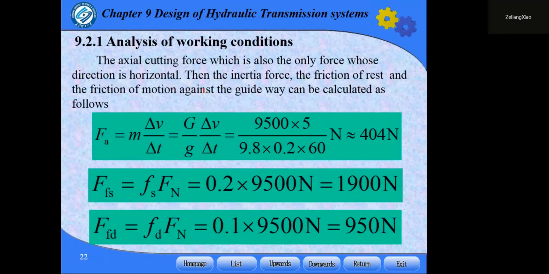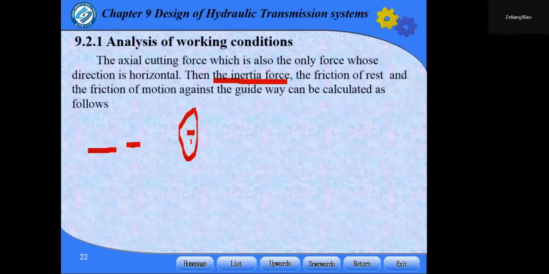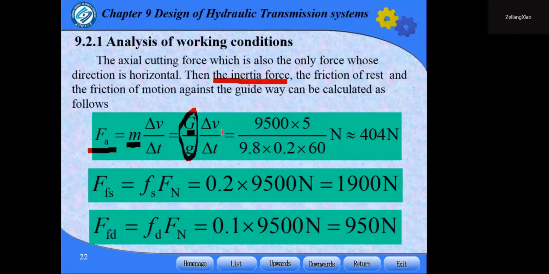Firstly, we should calculate the inertial force, which is the mass multiplied with the acceleration. So the mass equals the force divided by the gravity acceleration.